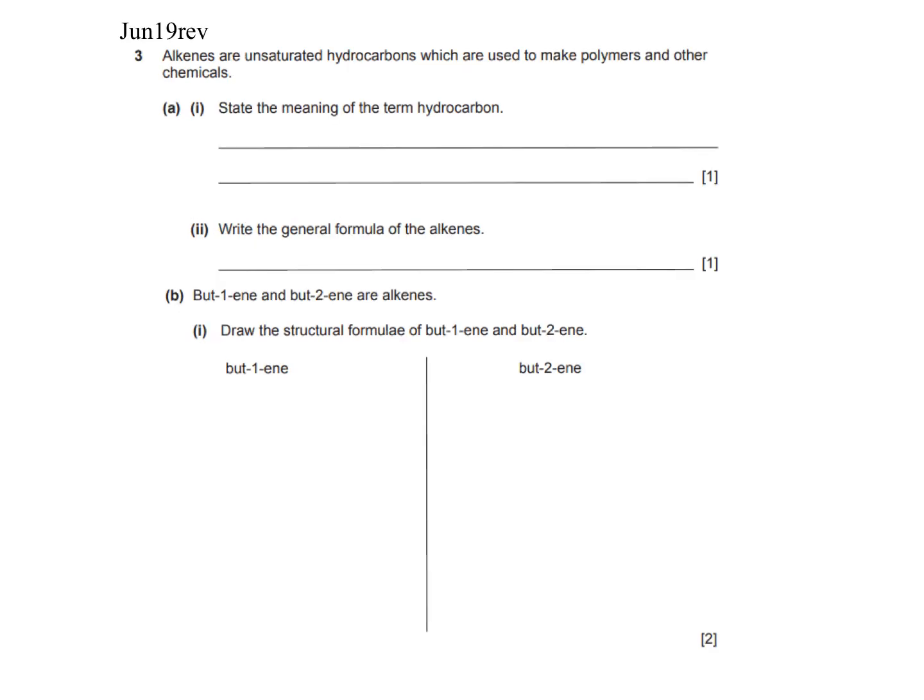Okay, for this one here, I'm just going to go on to B. Draw the structure of but-1-ene. So the but part tells me that there are 4 carbons. 1, 2, 3, 4. The 1 tells me that the double bond is present and it's attached to carbon number 1. Now it doesn't matter if I do it at this end or this end.